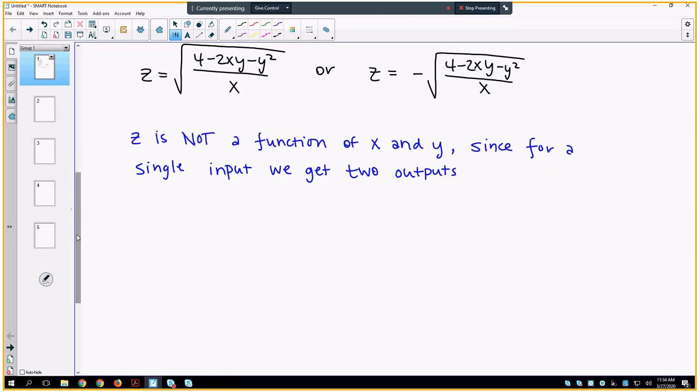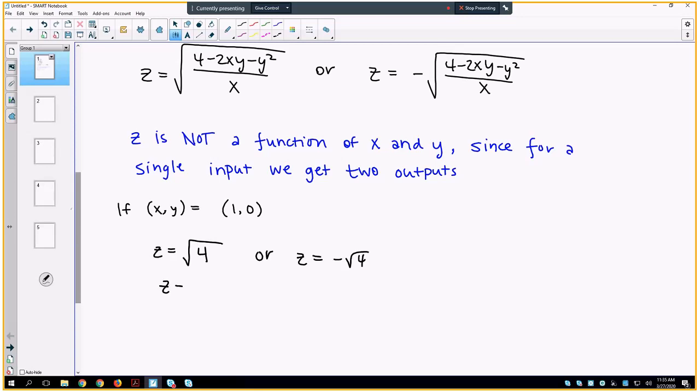And let's just do one example. If we chose the input x, y to be, say, 1 and 0, and I plug that in, then I would have z could be equal to square root of 4, or z could be equal to minus square root of 4.